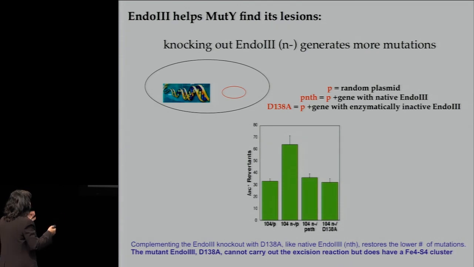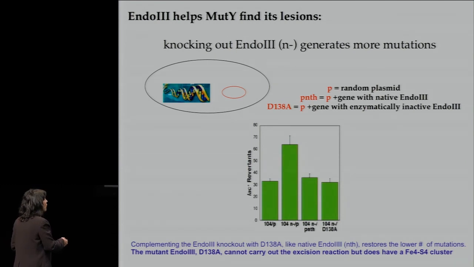In this case, you have a strain where you assay for mut-Y's ability to fix mutations. If it fixes mutations, you have a low number of revertants. Now, if I knocked out mut-Y in this assay, we would see about a 100 times increase in the number of mutations. But I'm not going to knock out mut-Y. I'm going to knock out endo-3, the partner.